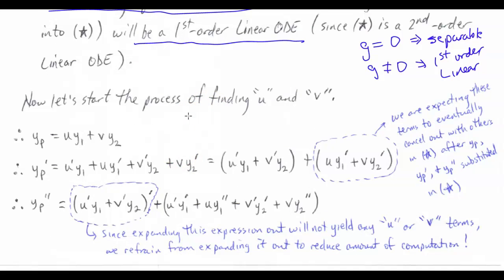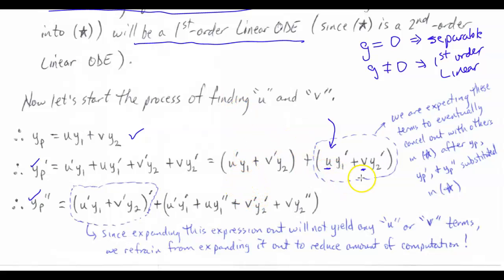So the first thing that we'll do is we'll assume that my particular solution is of this form. So I'm going to take the first derivative and the second derivative of it. Now note, when I take this first derivative, these terms have a u and a v in it. So I know that these terms are going to eventually add up with something else to end up being 0.